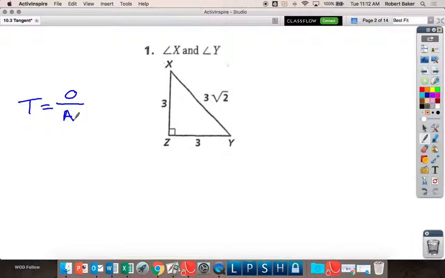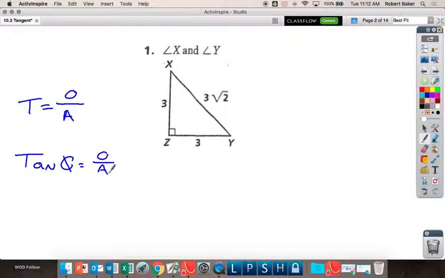So if I write it out the whole way, it's tangent of theta, which is equal to opposite over adjacent. And theta is the placeholder for the angle that you are describing.